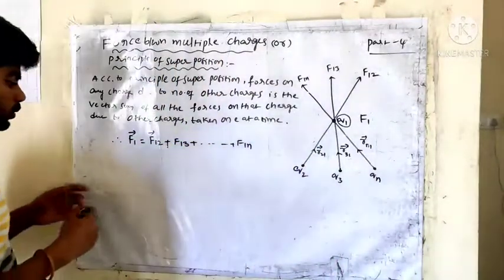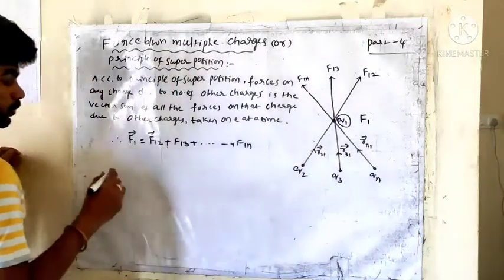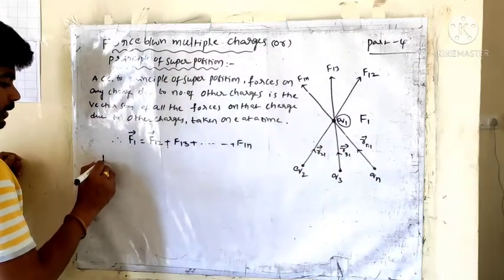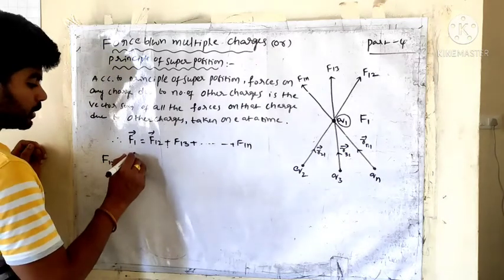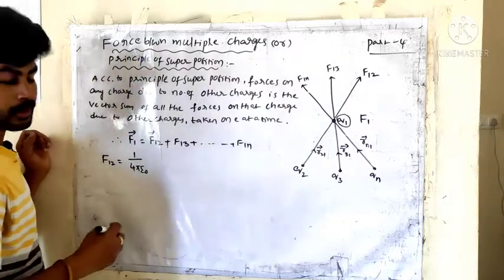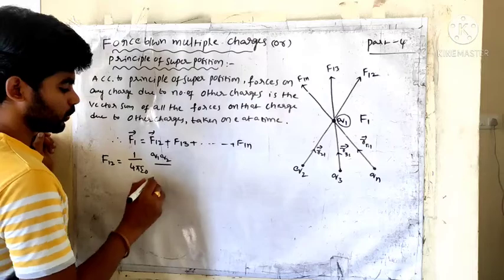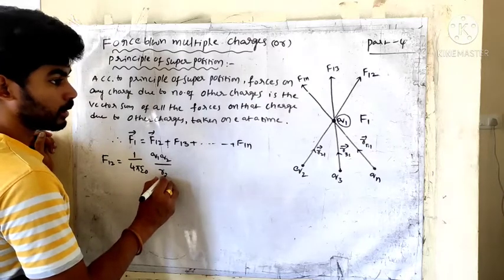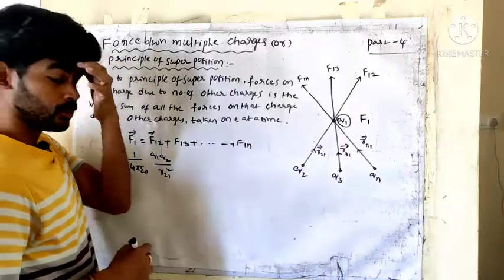So r21, r31, rn1 are the position vectors. Now the force between q1 and q2, F12, is 1 by 4 pi epsilon naught times q1 q2 by r21 squared.